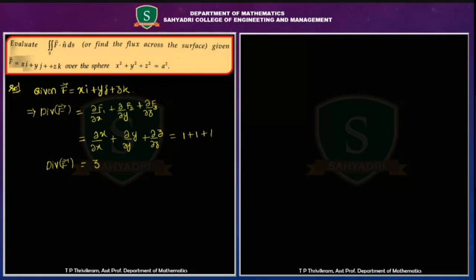Now, if I apply the volume integral on both sides, the volume integral of divergence F dV is equal to the triple integral of 3 dV.